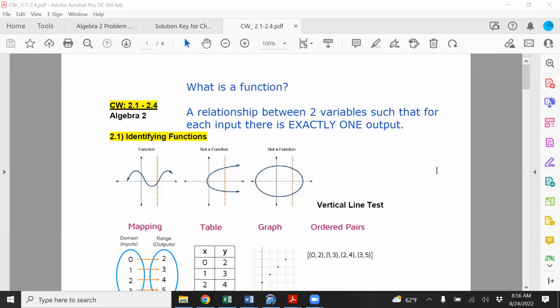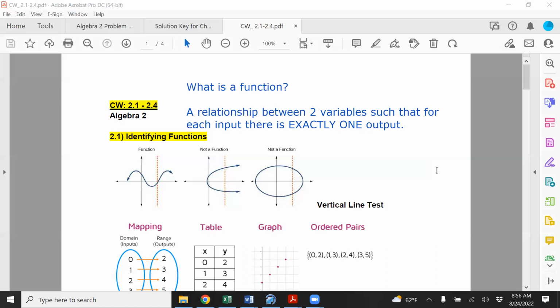In this equation I just wrote. 2 or -2. Exactly. Good. Now, how many outputs did 4 have? 2. Yeah, 2 and -2. Is that a function? No. Because you have to have exactly one output for each input. So that fails to be a function. A function is only true when there's exactly one output from one input.